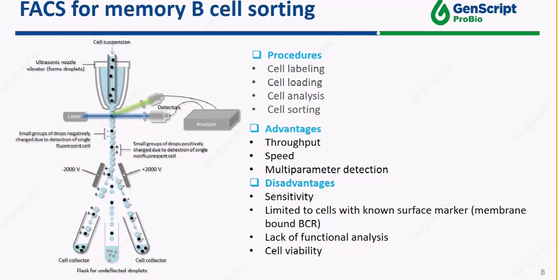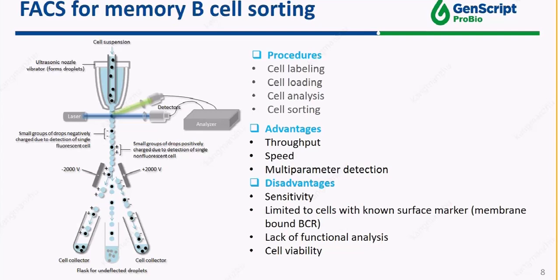The liquid stream is then broken into droplets by vibration, and based on the light scattering generated due to the fluorescent characteristics of each cell, the droplets will be charged and eventually diverted into different collection centers with an electrostatic deflection system.